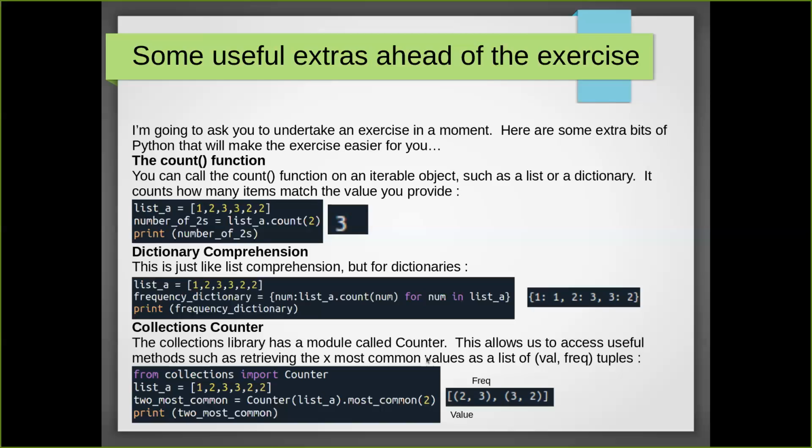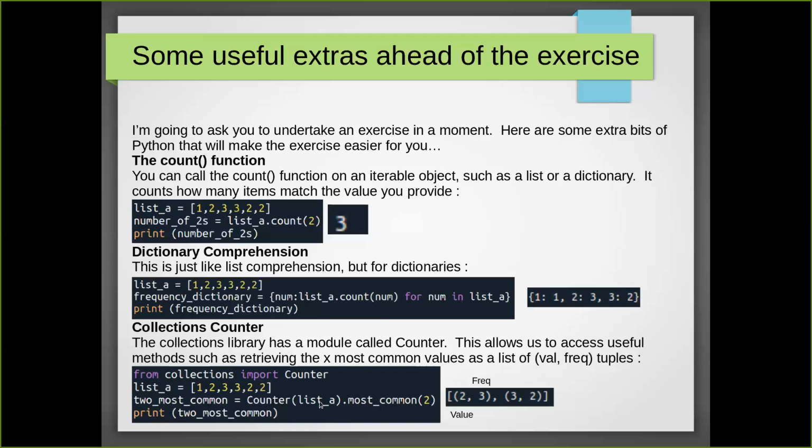So let's imagine we wanted to count the X most common values. Imagine we've got our list here again, same list as before. I can use the counter module and the most common method of the counter module to count, for example, the 2 most common values within that list. So here, what I do is I say counter, note the capitalization.